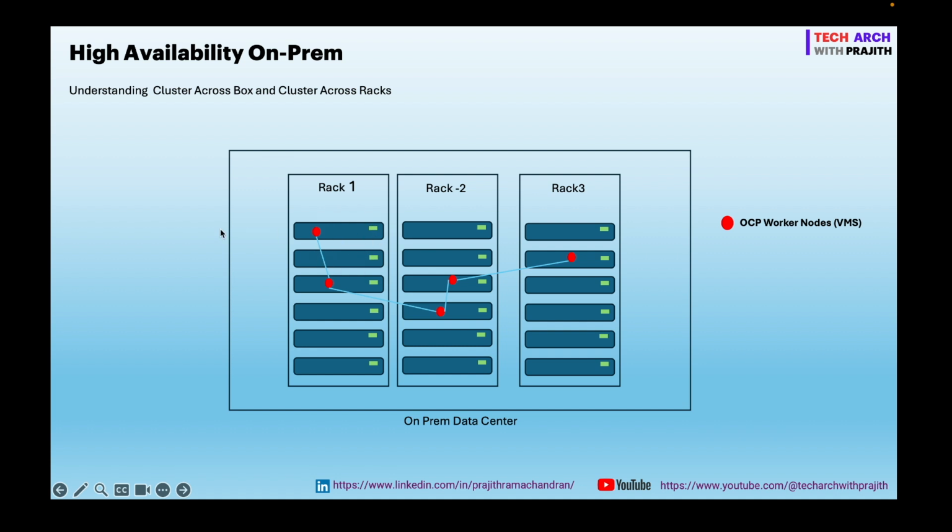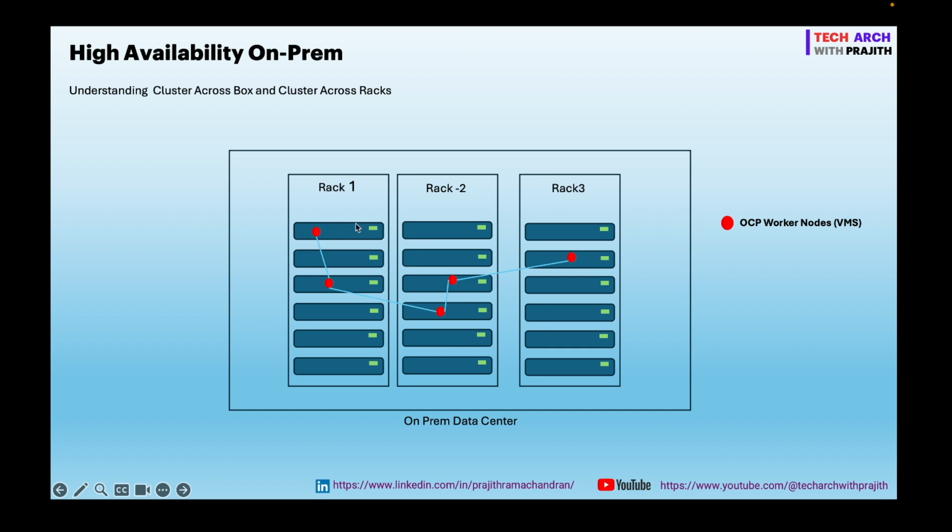So the idea here is to make sure your cluster worker nodes are distributed across servers and across racks. The concept of cluster across box means that when you define a cluster and deploy the worker nodes, all your worker nodes shouldn't end up on a single server, right?